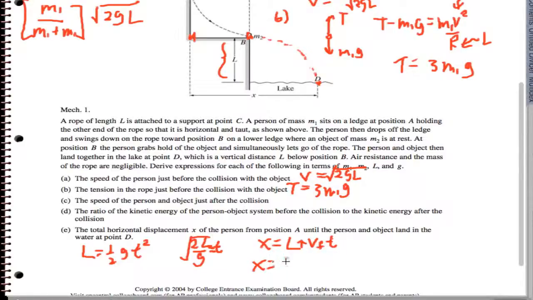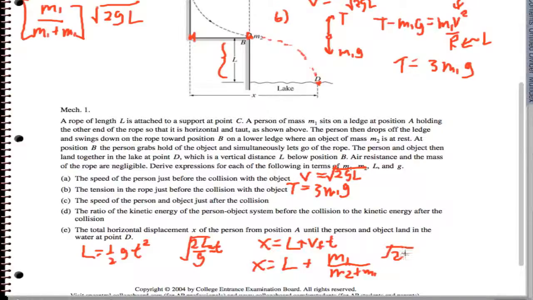So the total x displacement is going to be L plus m1 over (m1 plus m2) times the square root of 2gL for the speed, times the square root of 2L over g for the time.